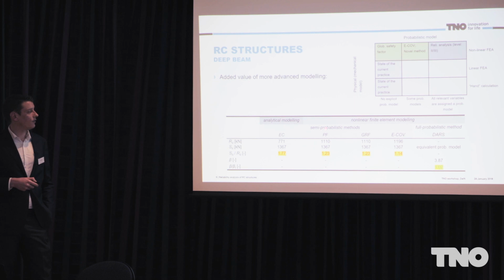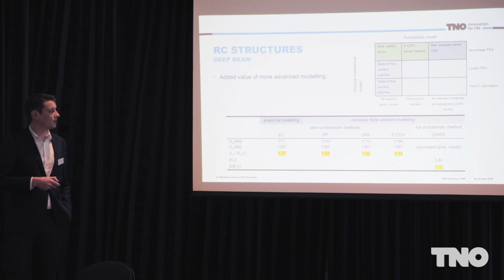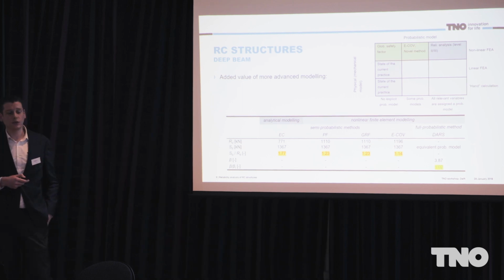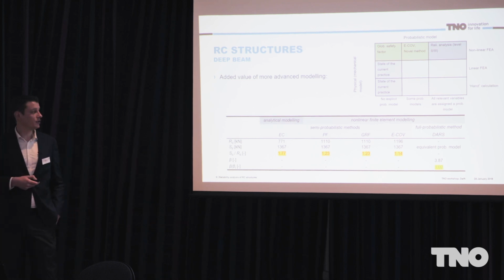And if we move to these methods, for those who are familiar with them, these methods are proposed in the literature, mostly in the reinforced concrete literature. Basically, these are semi-probabilistic safety formats which are recommended for nonlinear finite element based resistance evaluation. This is the ECOV method proposed by Vladimir Cervenka.